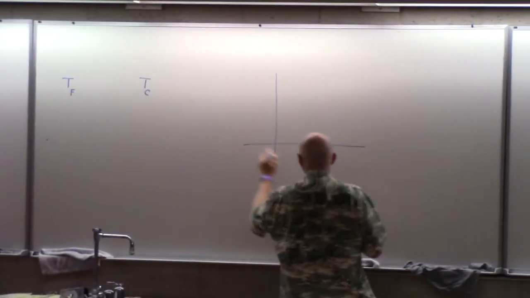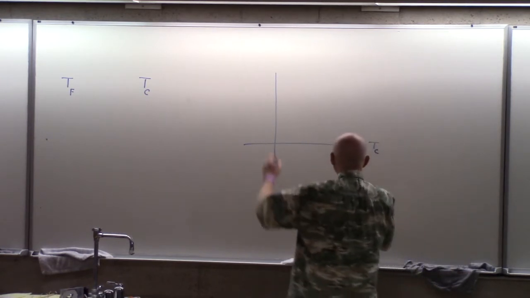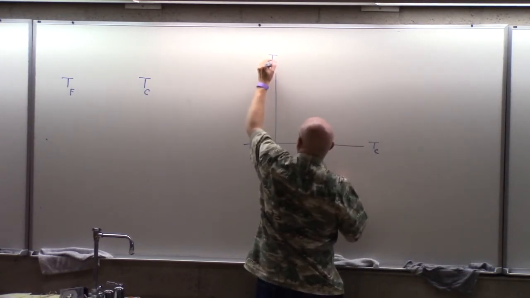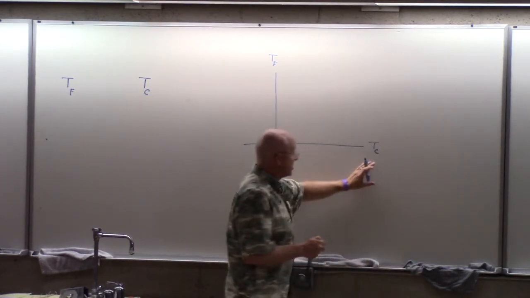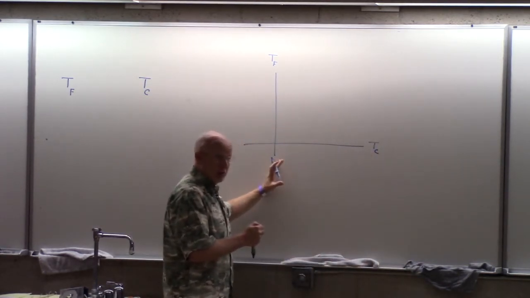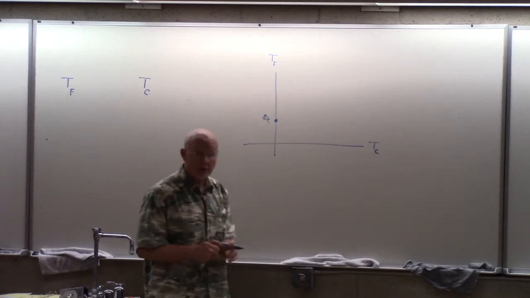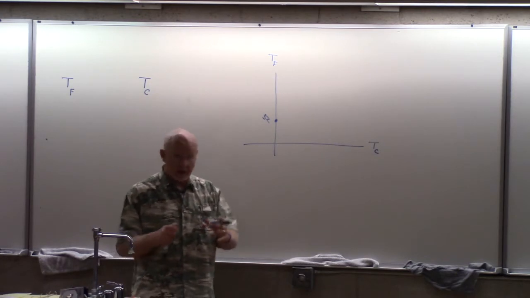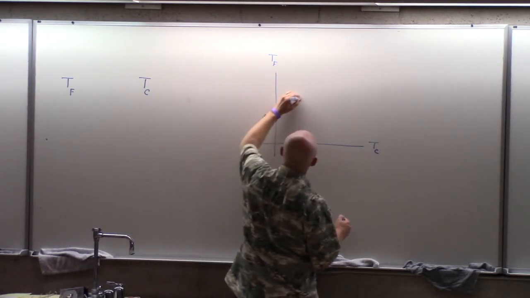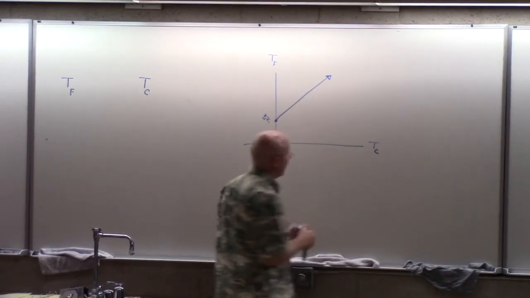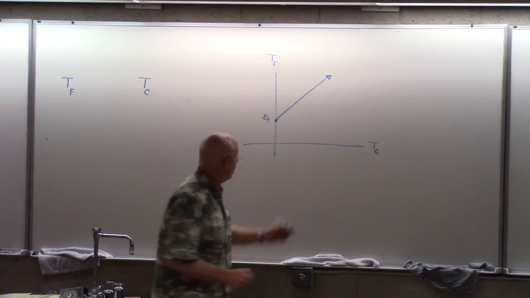What if I put the temperature on the Celsius scale on the x-axis and the temperature on the Fahrenheit here, and you can kind of see when Celsius is 0, that must correspond to 32. That's where the ice water is. And then they would increase at the same rate with a slope that would be their ratio.